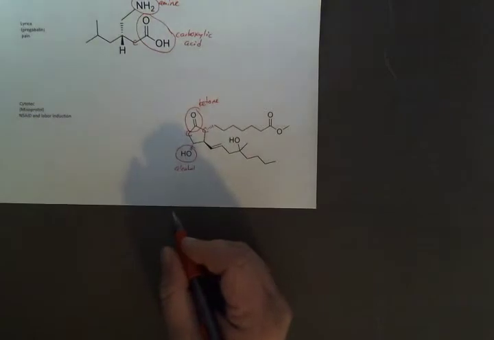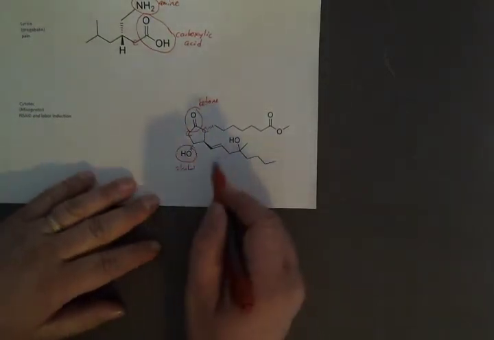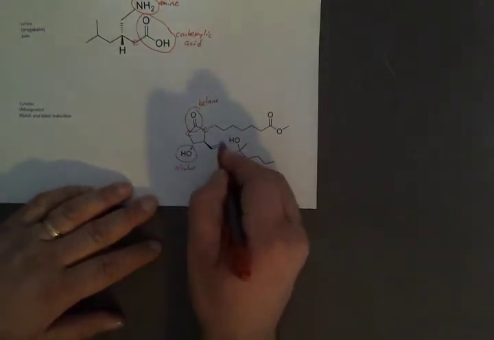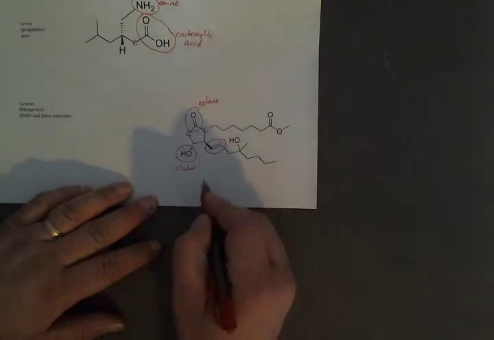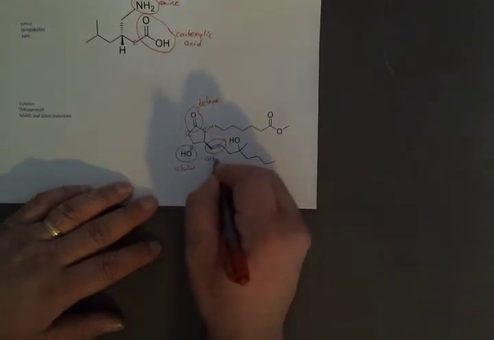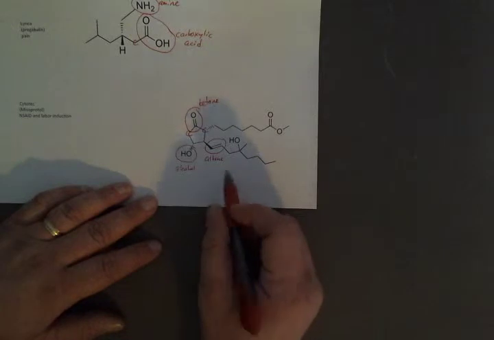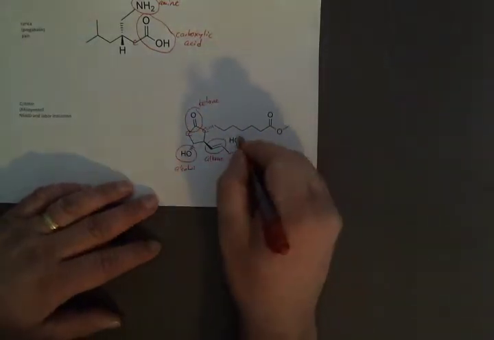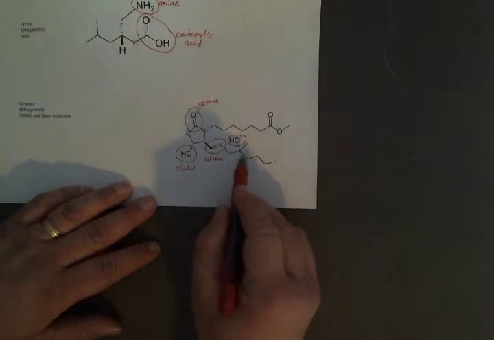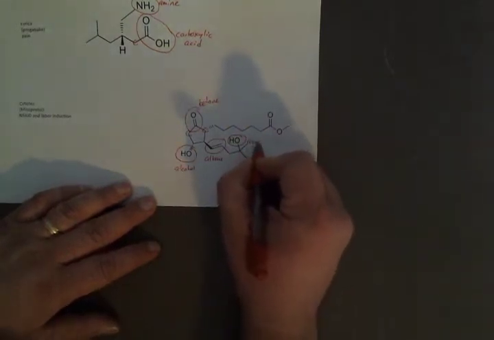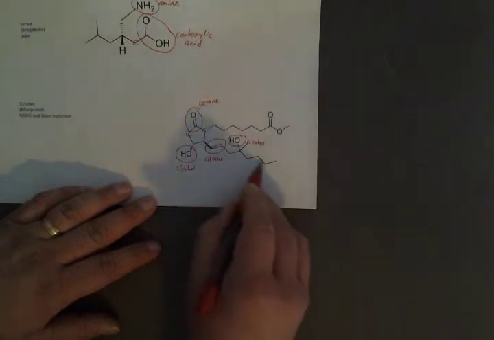If you go down these chains, here you have a carbon-carbon double bond, so that's an alkene. It's not part of a benzene, just a regular alkene. Here again, you have an OH, and next to it is not a C double bond O, so that makes this an alcohol. Just go down the end of this ring, and we're done.